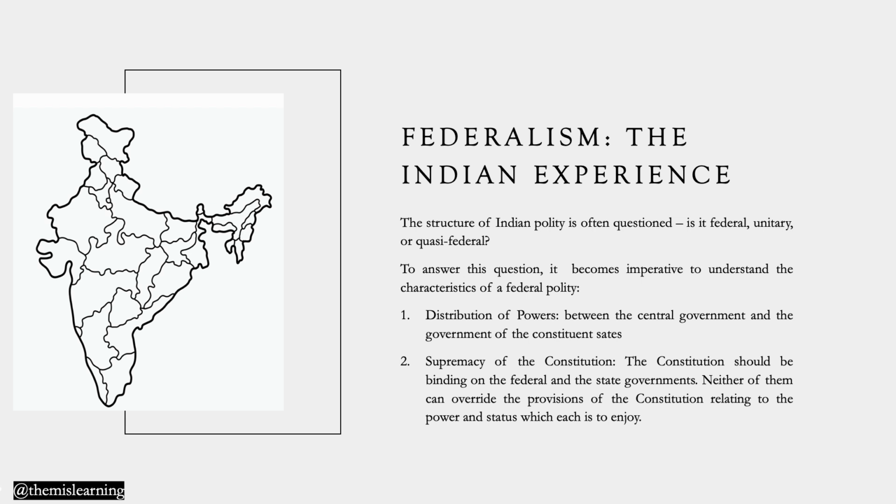Secondly, we're talking about supremacy of the constitution. The constitution should be binding on the federal and the state governments. Neither of them can override the provisions of the constitution relating to the power and status which each is to enjoy. Whatever power and status we're giving to the states and the union government, they have to be clearly defined under the constitution itself, and that constitution will be supreme.